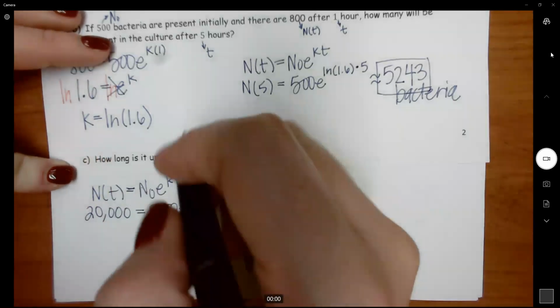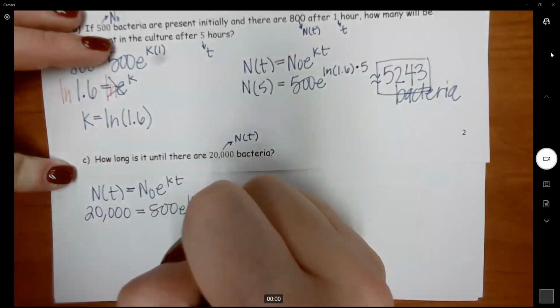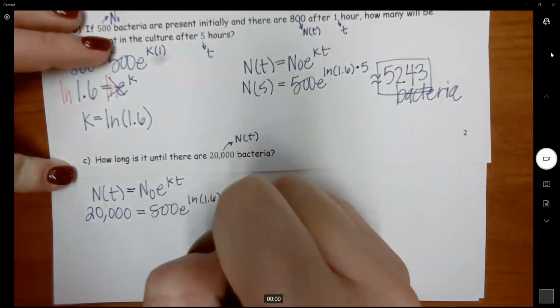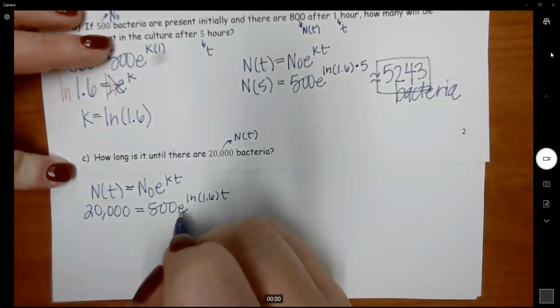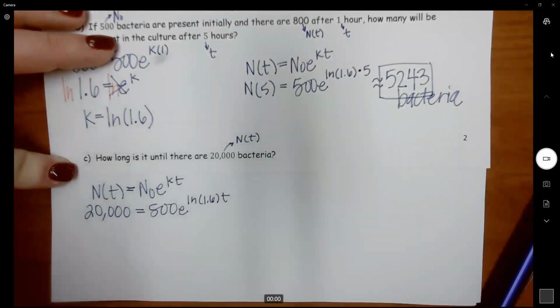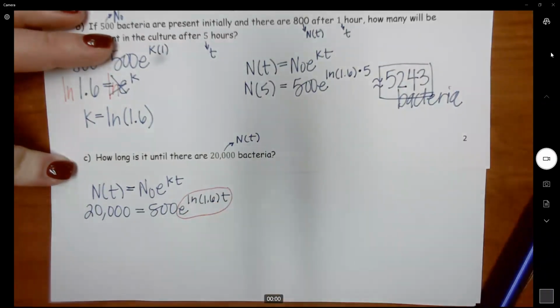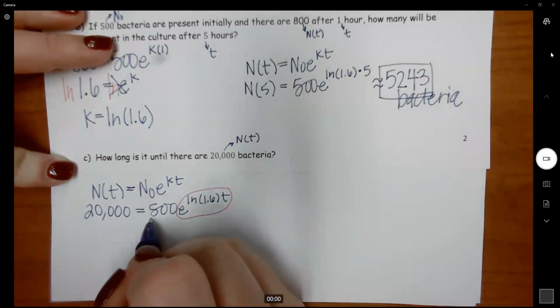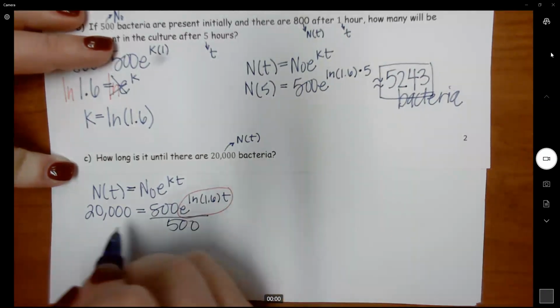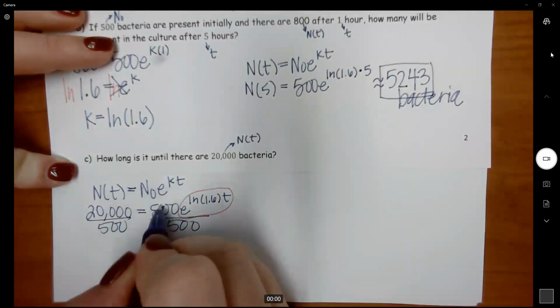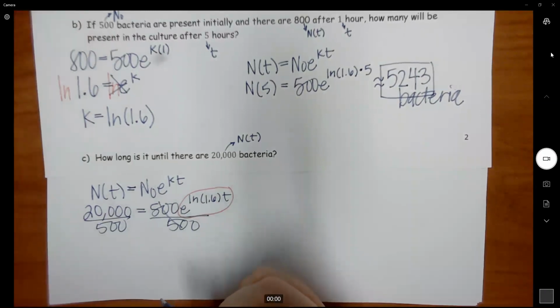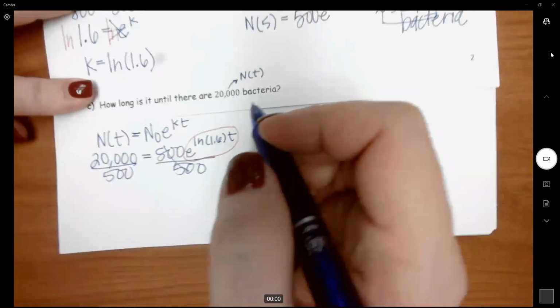That K is staying the same. So the natural log of 1.6 T. Okay, you've got to get your exponent part by itself. So we're going to divide over 500. And that's going to give me 40.